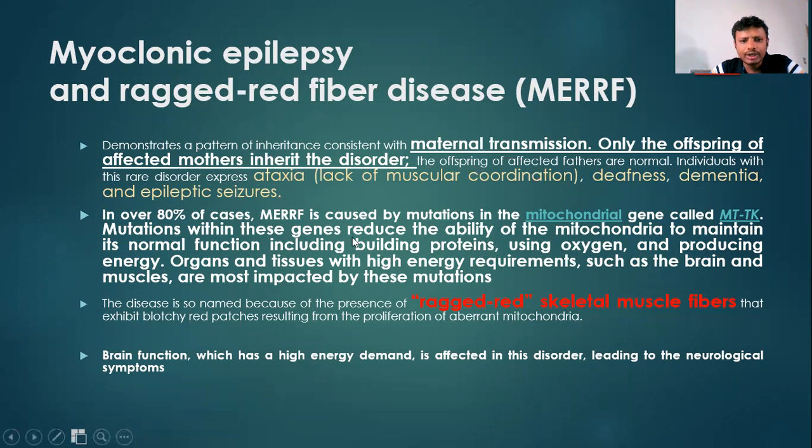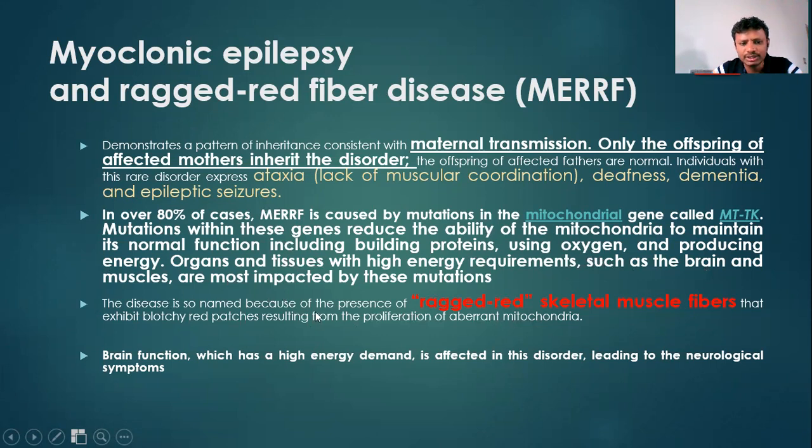This gene reduces the ability of the mitochondria to function normally in producing proteins, using oxygen and producing energy. This in turn leaves the body deficient in its energy requirements, so that the brain and the muscles become very weak, and they result in ragged skeletal muscle fibers.